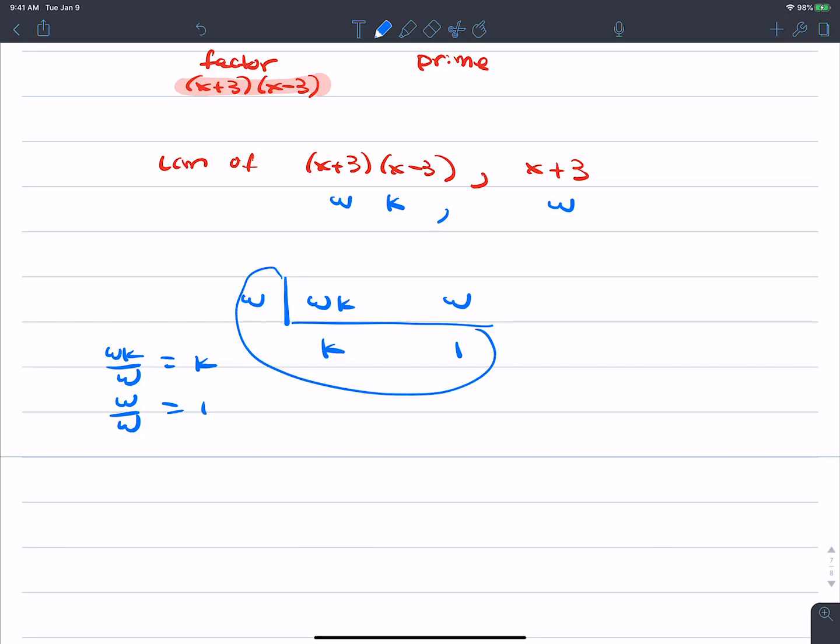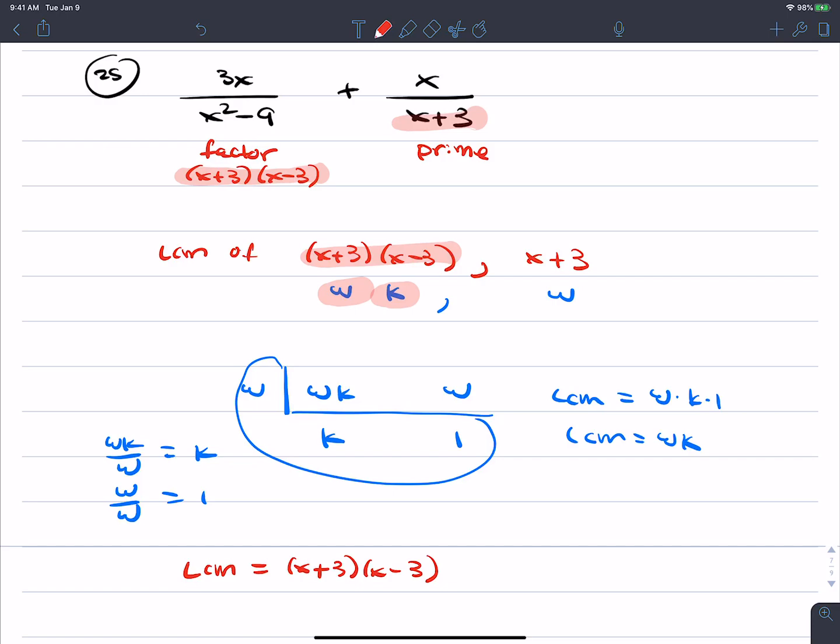So your LCM is going to be w times k times 1, or simply wk. So our LCM will be w times k, which is simply x plus 3 times x minus 3.